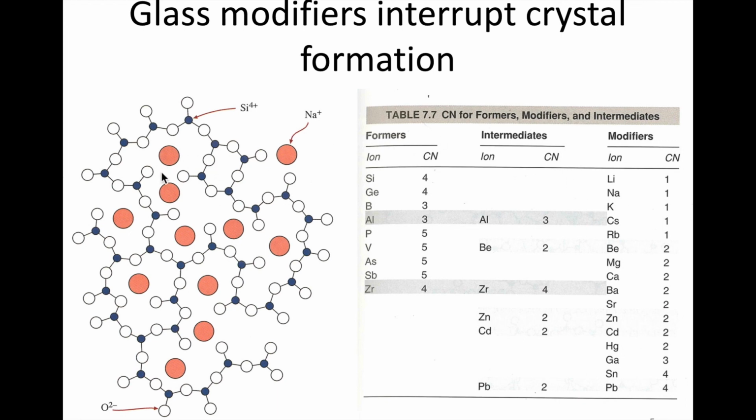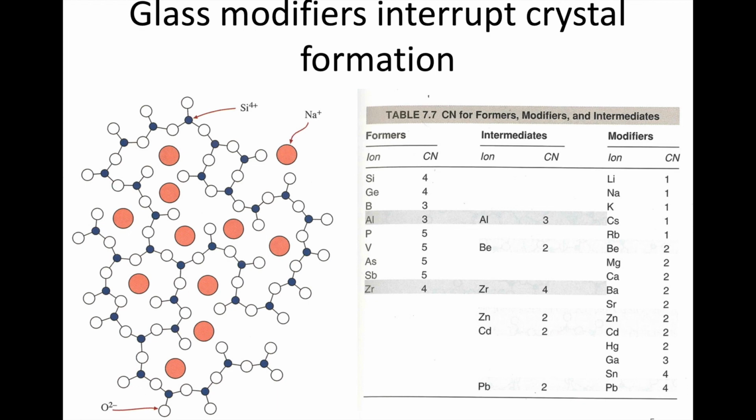As you can see in this visual, basically what they do is they act as free ions. Sodium in this case acts as a free ion, and it's not attached to the network, and as a result it breaks up the network structure. If it breaks up this network structure, it makes it easier to interrupt crystal formation.